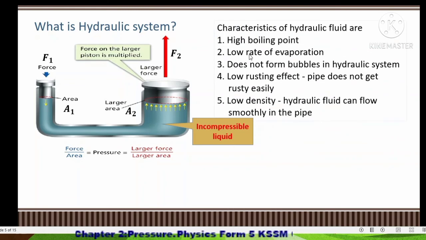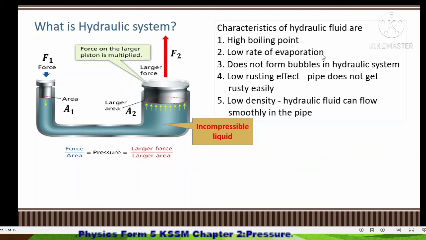Another property of the liquid used in a hydraulic system is a high boiling point, because if the piston moves up and down repeatedly, it will cause the liquid to be displaced from the input piston to the second piston repeatedly, and this will cause friction and maybe heating of the liquid. So it must have a high boiling point so that the liquid does not easily change to steam.